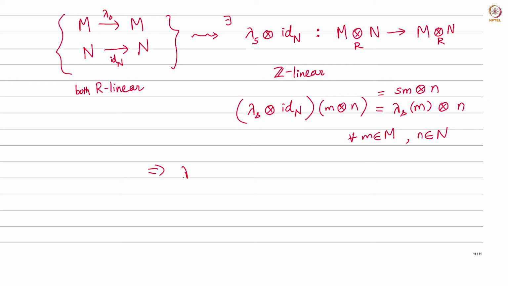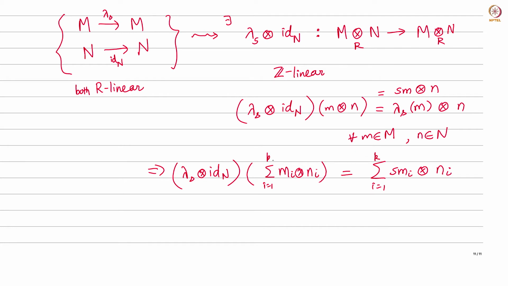So what is this map lambda S tensor identity on the summation of mi tensor ni? That's just a summation of the corresponding actions. So this is exactly the left multiplication action we claimed was there. So the left multiplication by S is just given by lambda S tensor the identity.